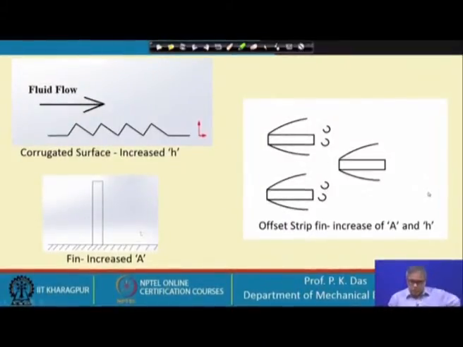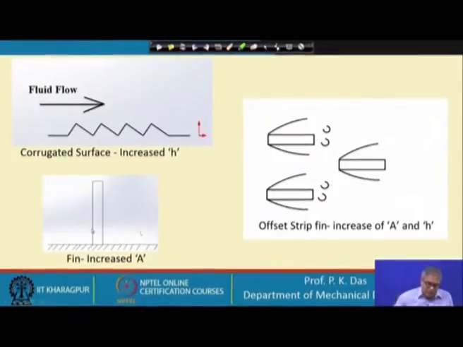So, in this the features I have shown in an exaggerated manner. Basically there is not much change on the surface area, but due to the placement of this feature there will be change in the velocity field very near the wall, and we will have some increase in h. So, this is where we are increasing h without increasing the area.